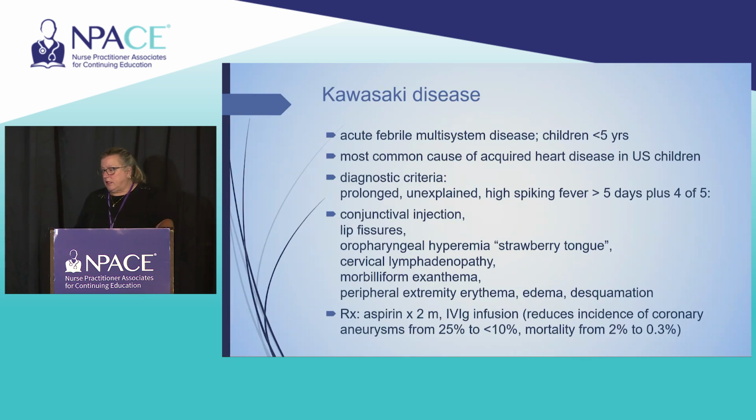They will have a myriad of different symptoms and signs, including the most classic, that their tongues become really injected and they have hyperemia, so their tongues look just like a strawberry. They also have conjunctival injection and a morbilliform exanthem, and they may also develop edema and desquamation at the extremities.